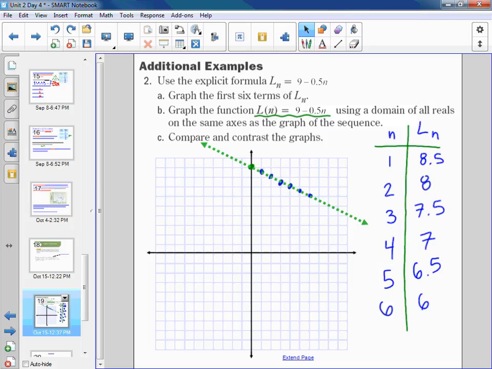How are they different? How are their graphs different? So what's one way they're different? Caleb, let's see. What's different about the blue plotted points versus the green plotted points?